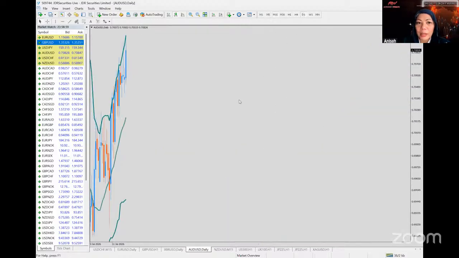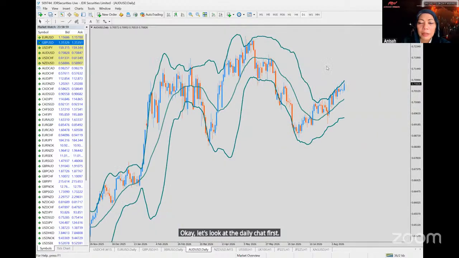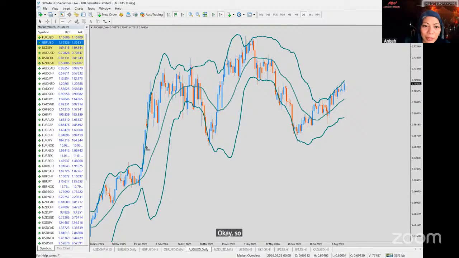Let's look at the daily chart first. Ooh, there's a huge chart pattern here. I can see this is the left shoulder, the head, and the right shoulder. So this is a head and shoulders pattern in the making.